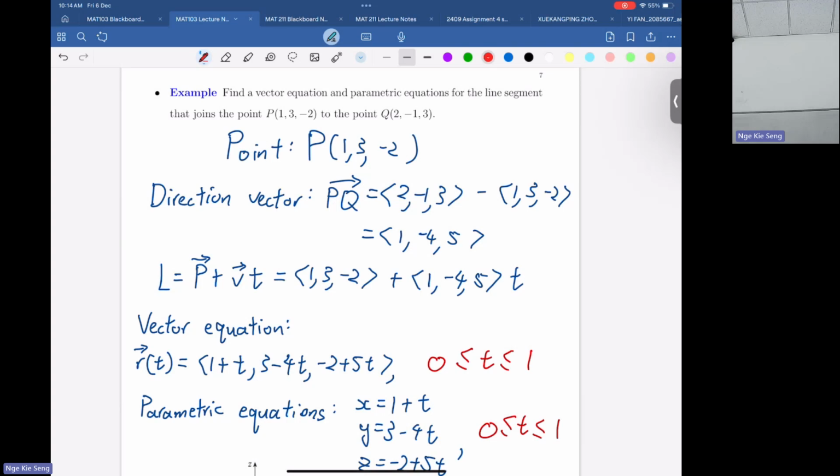What about x, y, z? Almost the same, or not exactly the same? So there must be a difference. So what's the difference?